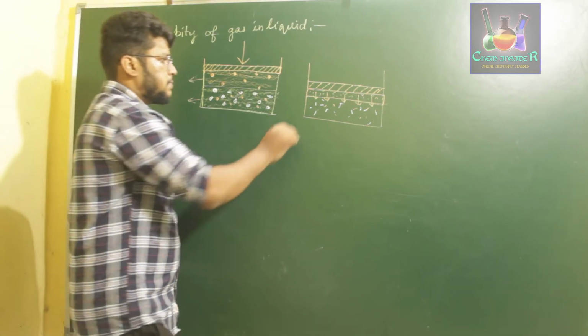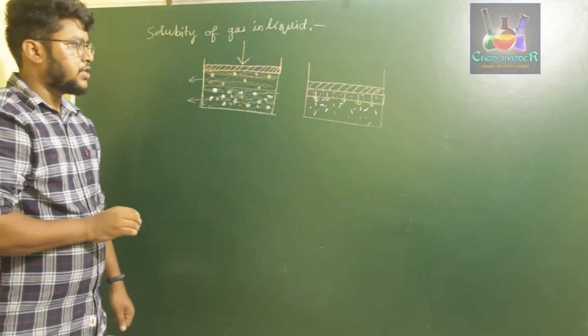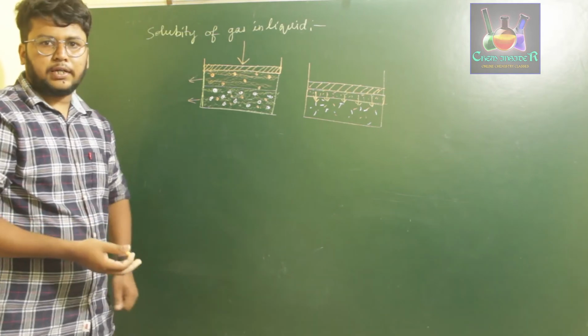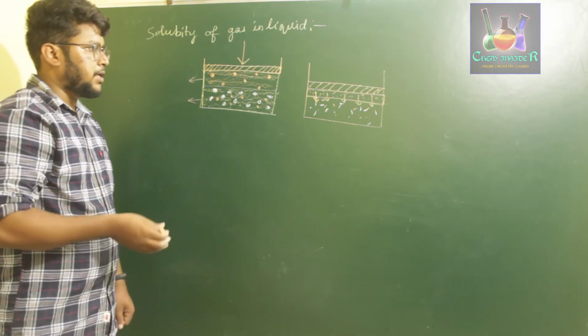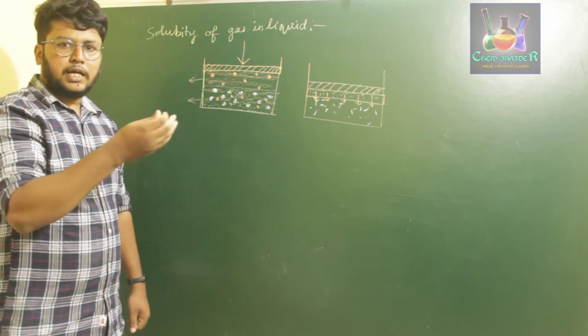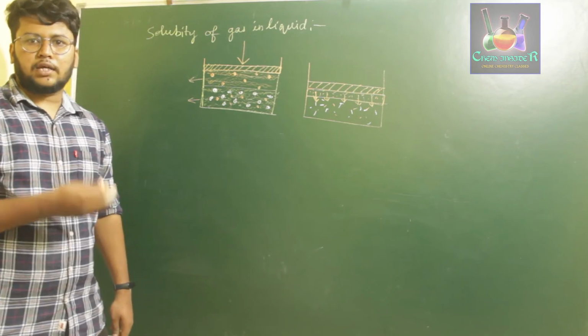So these particles try to enter the liquid system, and that is nothing but increasing the solubility. So once you apply pressure, the particles present on the surface of the liquid start entering the liquid system, and that is what we call solubility of gas in liquid.